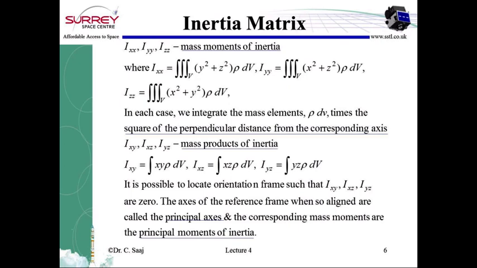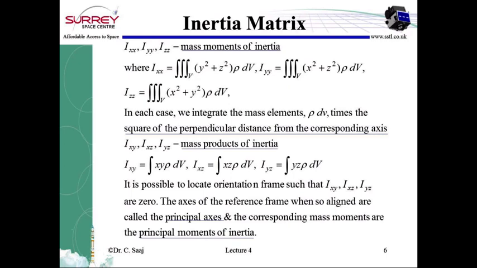For example, Ixx is defined as the triple integral over V of y square plus z square times rho dV, where rho is the density, and the term y square plus z square is the square of the perpendicular distance from the corresponding axis.